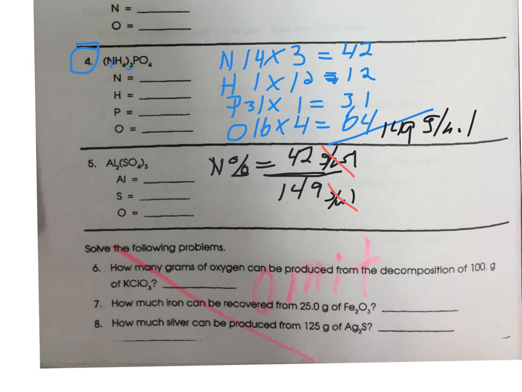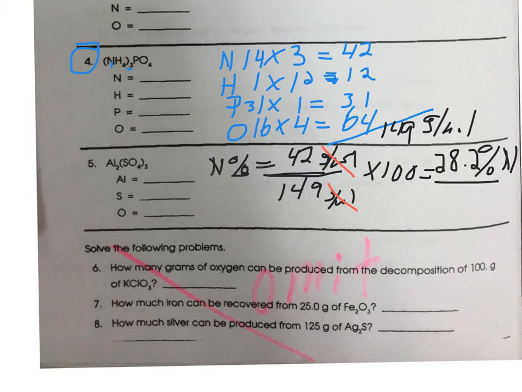You're going to take 42 divided by 149 equals, and then times 100. Very good. That's going to give you your percent of nitrogen. So what is that? 28.2. Very good.